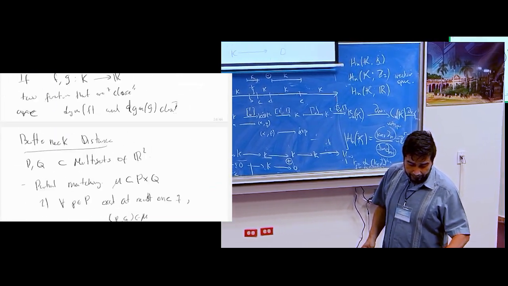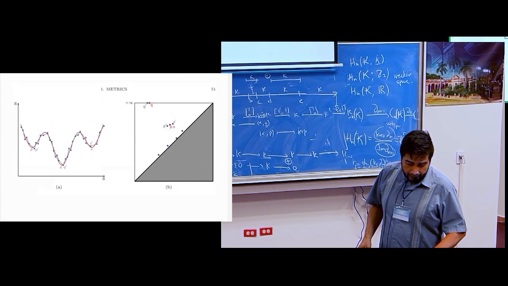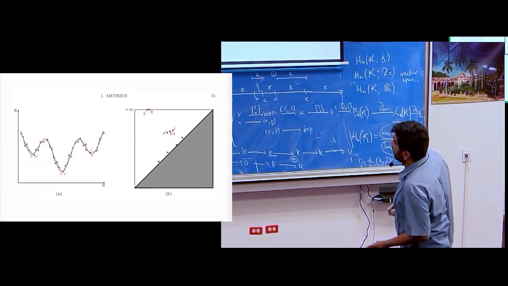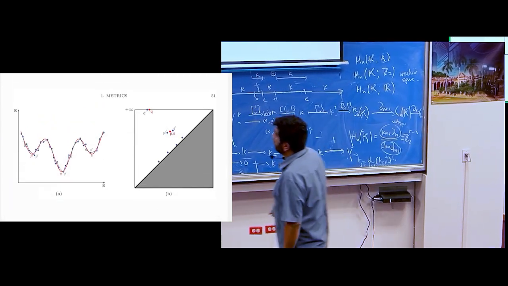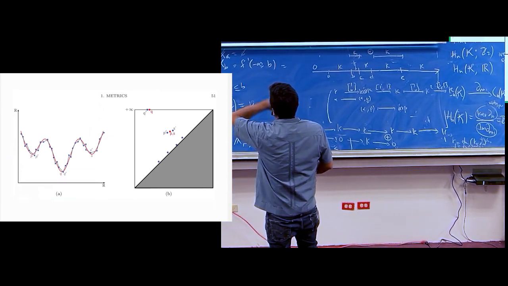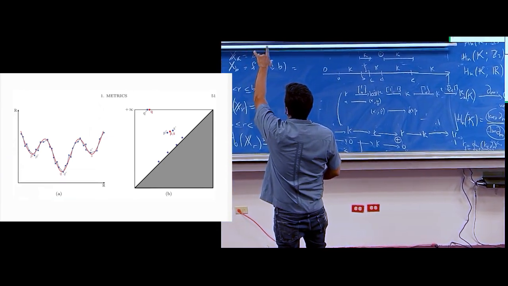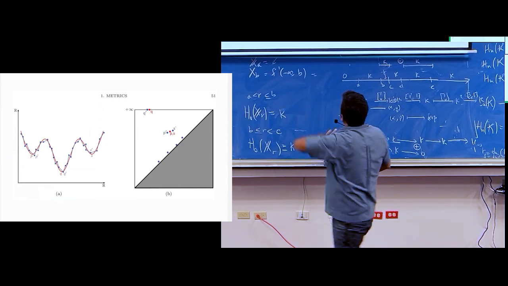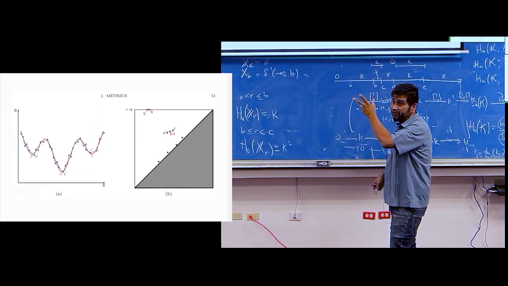Well, and just to finish, there is a bunch of things that happen with persistent homology. For example, there is a stability theorem: if you perturb your space a little bit, the persistent diagram is going to look very similar.